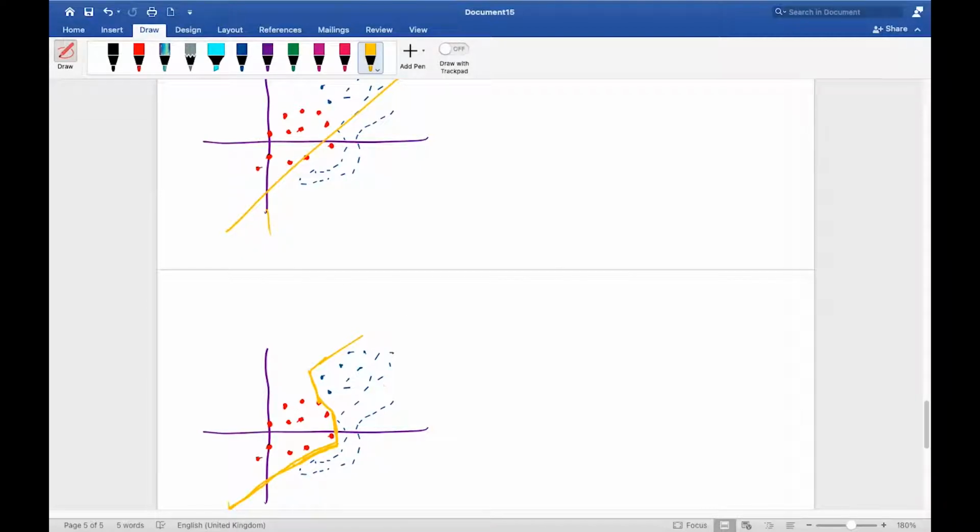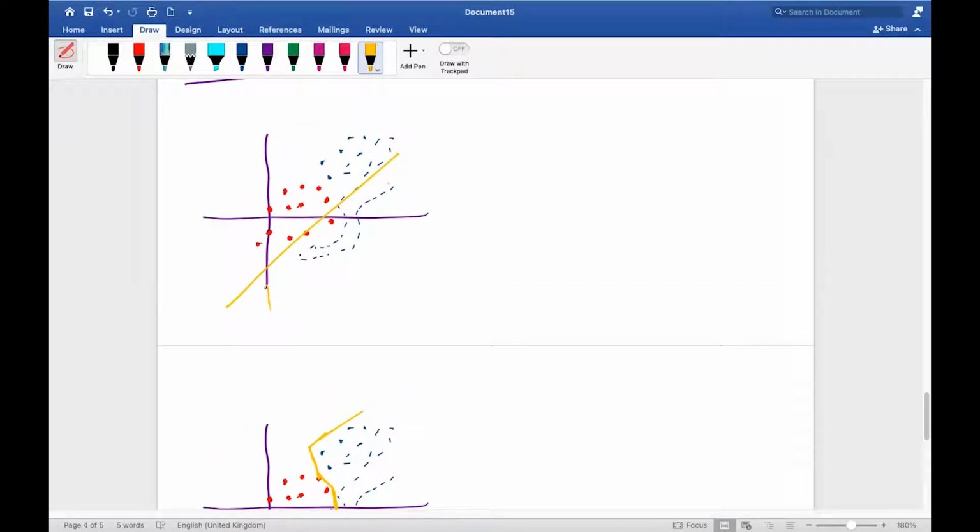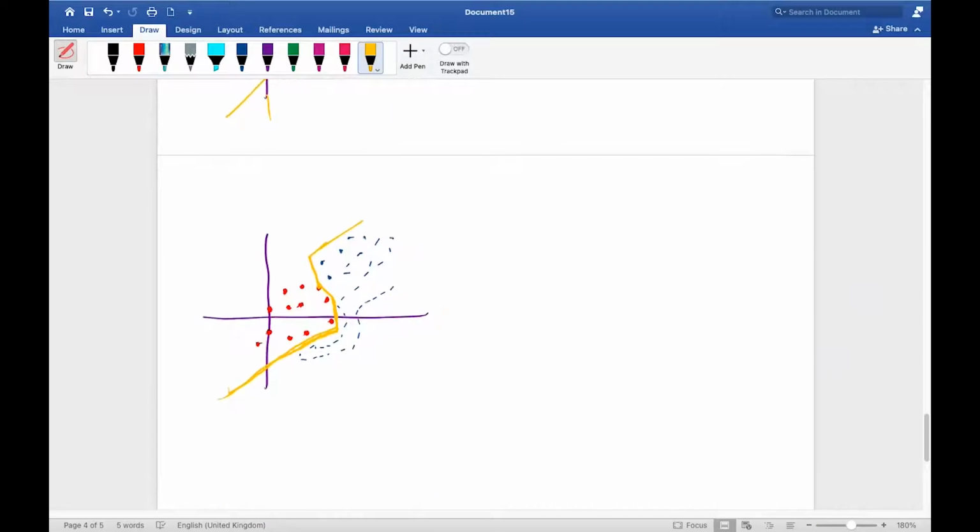It should not go ahead with all the points. But how will we regulate this? Here, the accuracy is 100%, but we have overfitted the model. So basically, here the tolerance is 0.